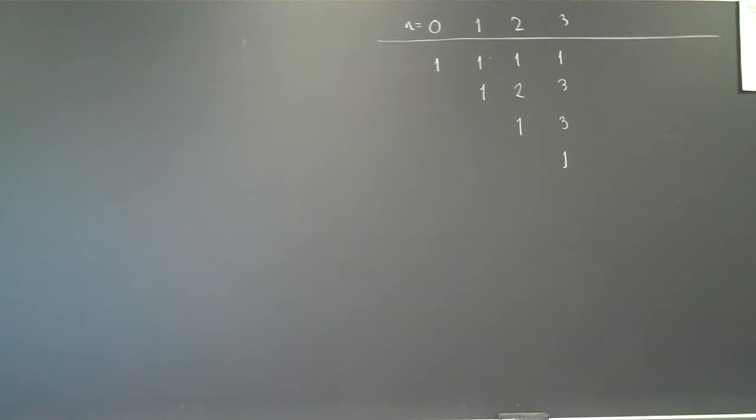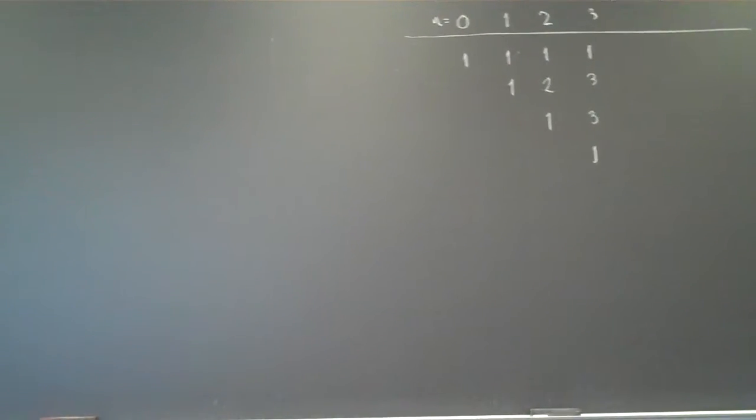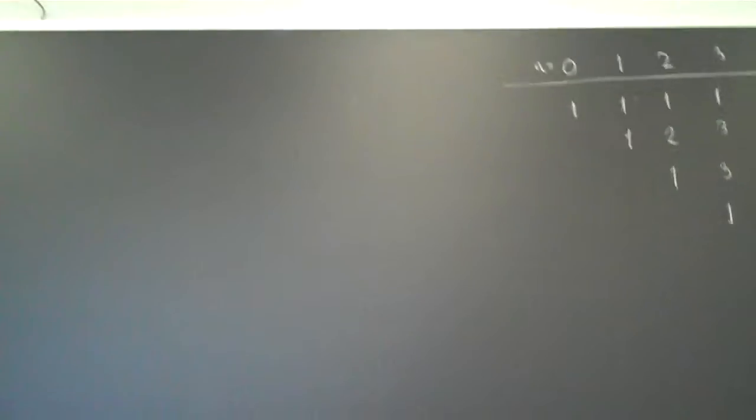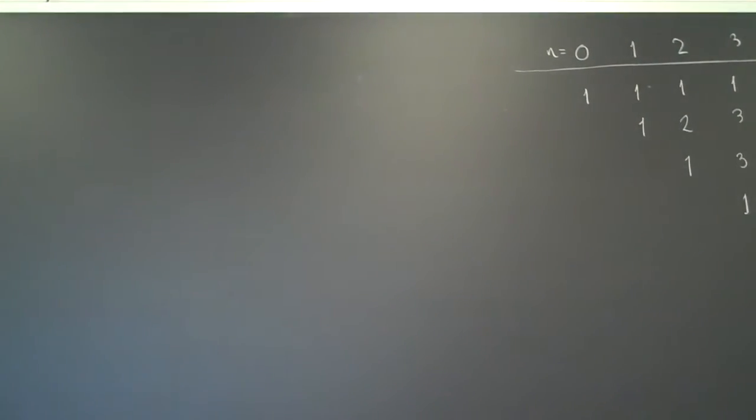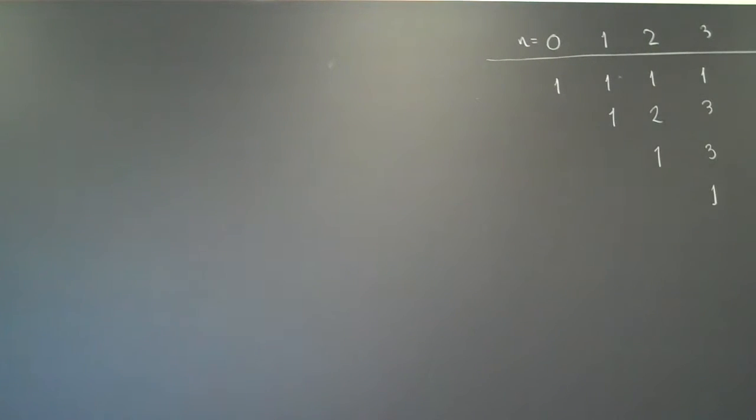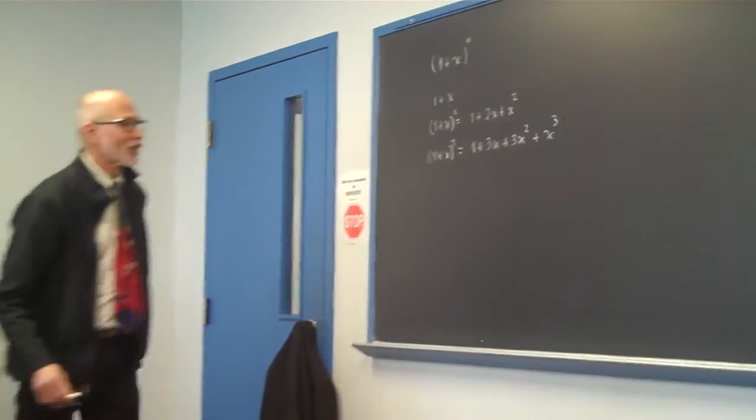Everybody likes to make the Pascal triangle look like this. Pascal wrote it like this, and so if actually did he? I have Pascal's triangle right here. Oh, he turned this on its side. So anyway, it looks a lot like Pascal's triangle.